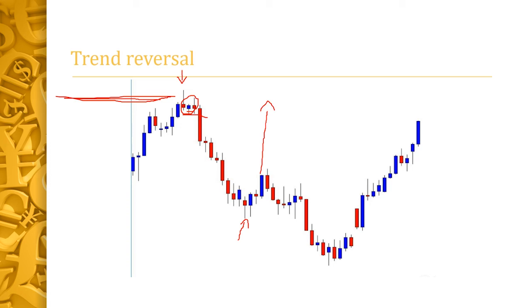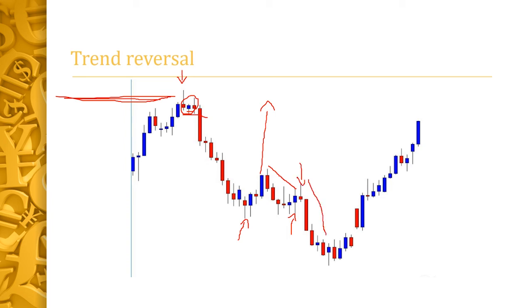But that didn't happen. All we got was a correction to the upside and a trend continuation. One more time we got this hammer here, and what happened was we just traded a little bit above it, we got another inverted hammer and kept going down.